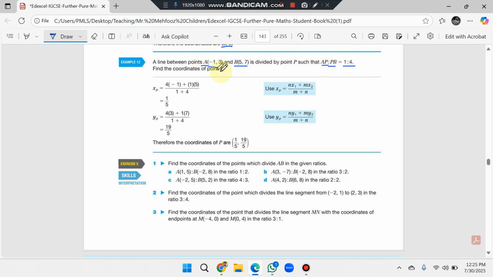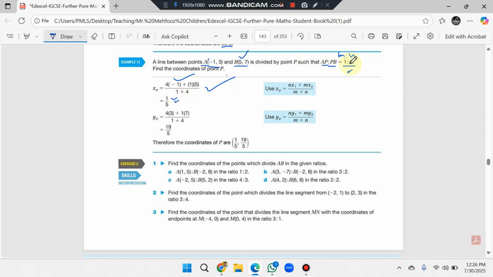Find the coordinates of that point P. So again, this is m, this is n. n times x1, that is 4 times minus 1, plus m times x2, that is 1 times 5, over 1 plus 4. So it becomes minus 4 plus 5, that is 1. 1 over 5 is your xp coordinate.